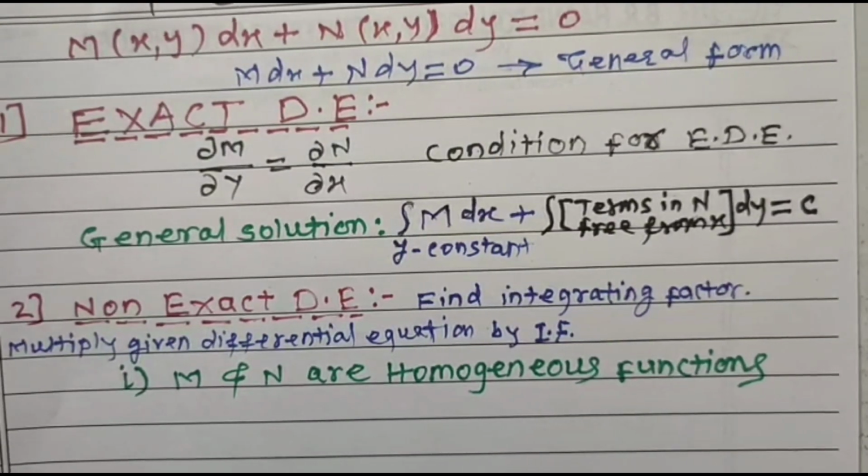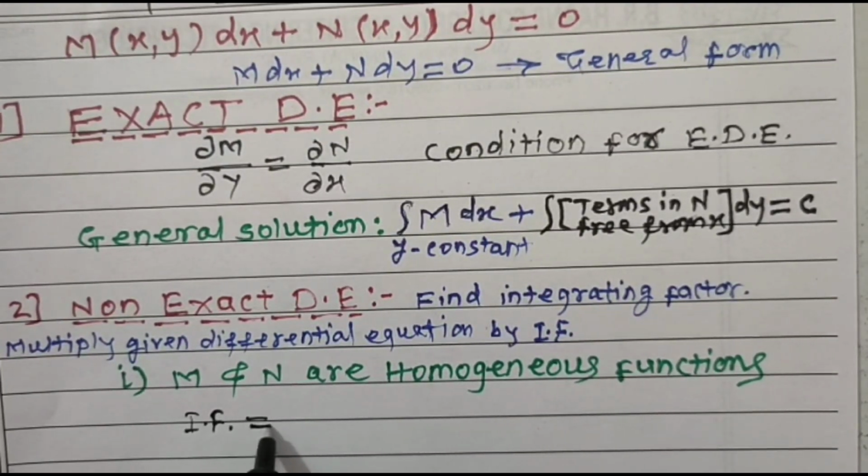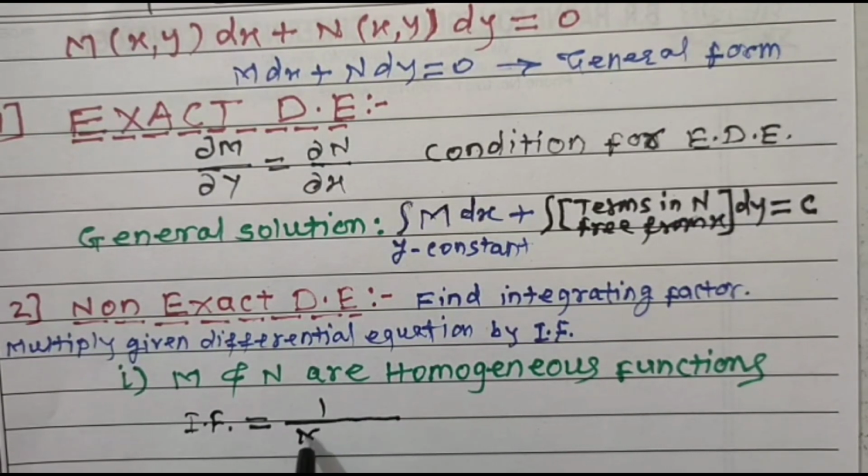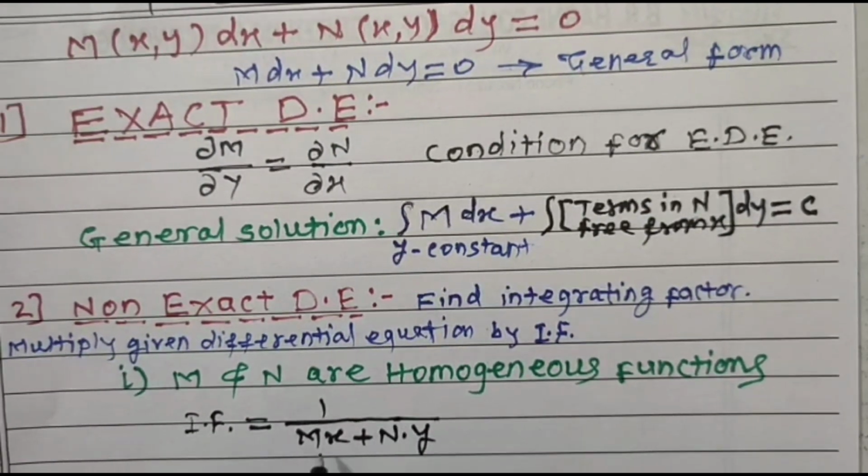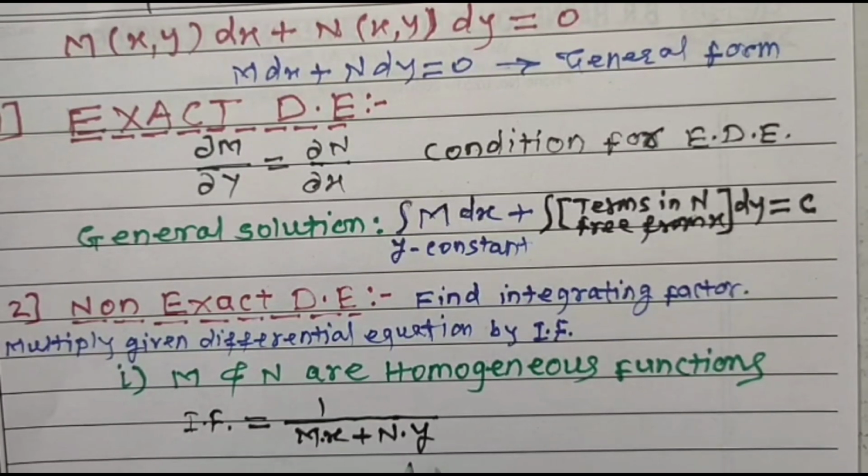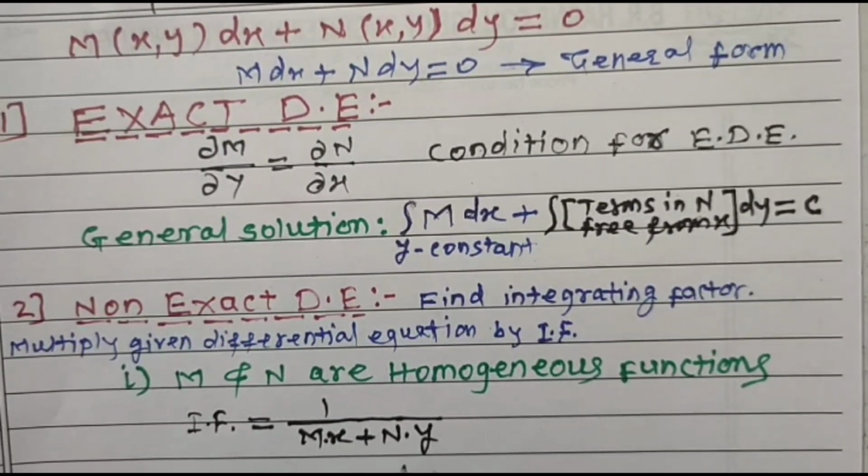Here the integrating factor we can find by using this formula: 1 upon capital M into x plus capital N into y, that is, 1 upon Mx plus Ny.